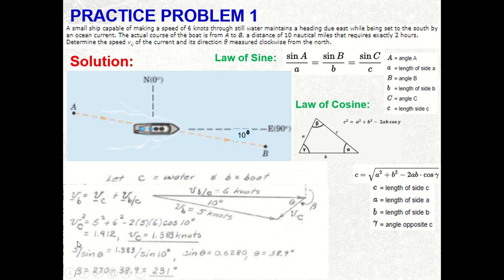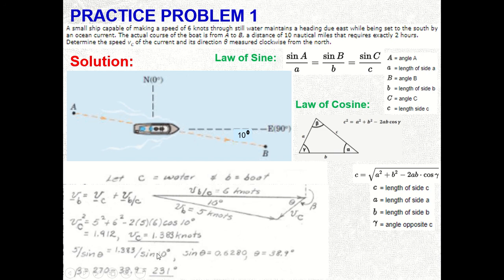So we have here 5 over sine theta, meaning this side divided by the sine of the opposite angle. This side's opposite angle is theta. So we have 5 over sine theta equal to this side, which is Vc, which we had calculated as 1.383, divided by sine 10 degrees.